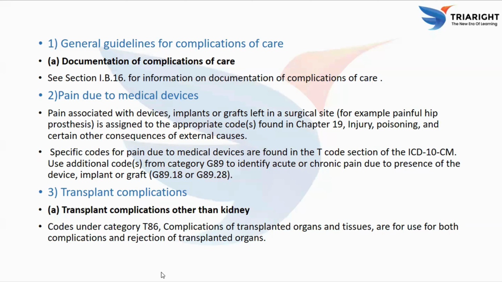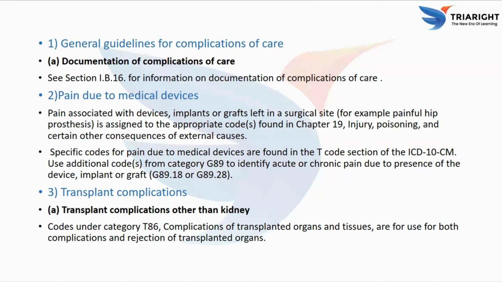T86 includes rejection of the transplanted organ, failure of the transplanted organ, infection of the transplanted organ, and other transplant related complications. These apply to heart, liver, lung, bone marrow, pancreas, cornea, skin, etc. Kidney transplants are coded separately and are not included here.